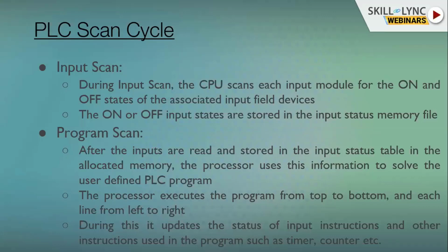Then if another instruction is there, it will see that instruction's status, and it will keep seeing them. At the end, one output element will be there. It will see whether we need to switch on that element or not, and it will keep saving those output statuses in a memory file. That is the same as how it is assigned in the input memory file. There will be an output memory file where it will be saved.